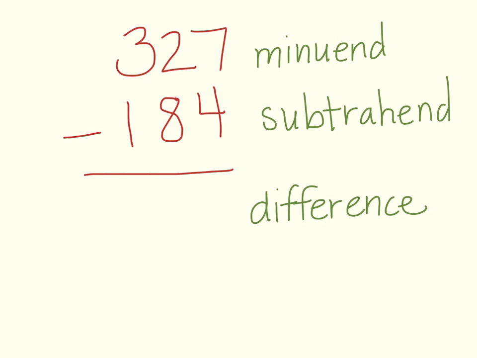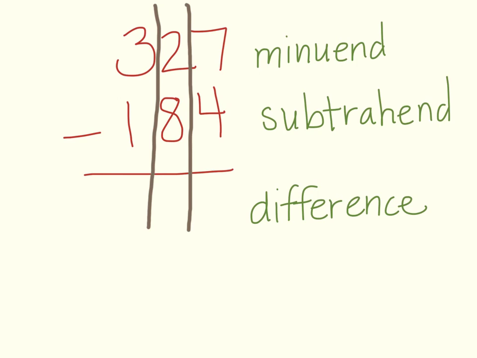Now, let's actually look at the subtraction algorithm. Our first step is to start in the ones place. Now, just as a reminder, it is very, very helpful if you make sure everything lines up smoothly in a subtraction problem.